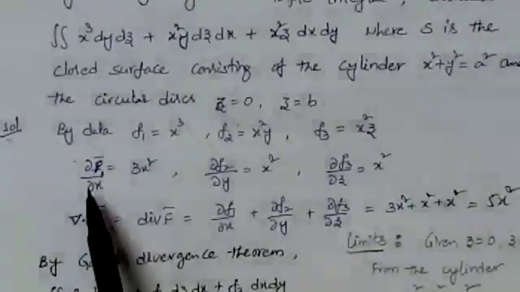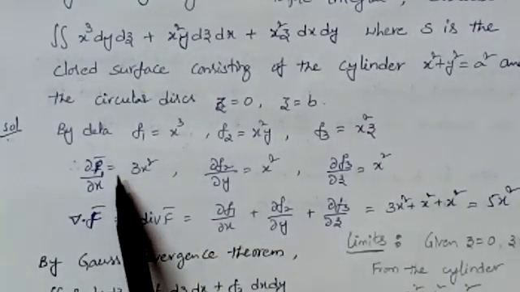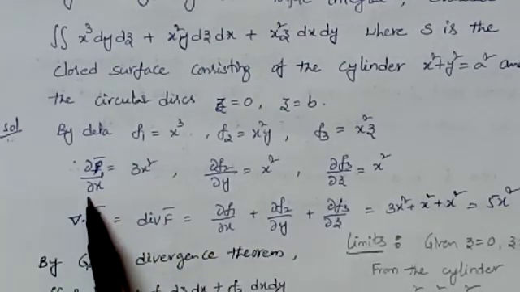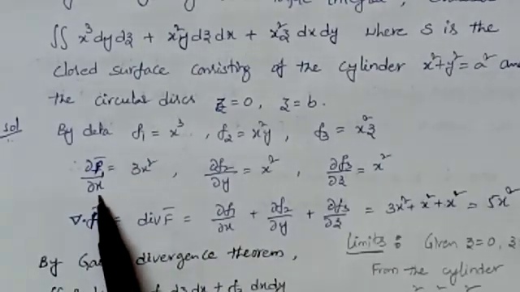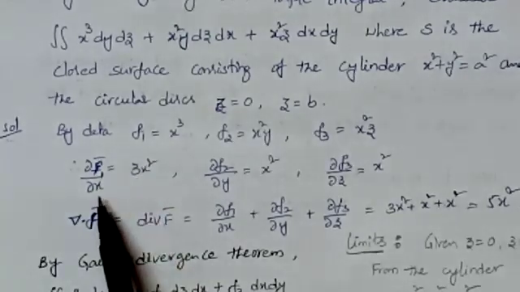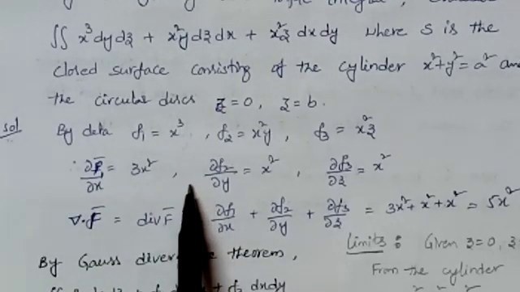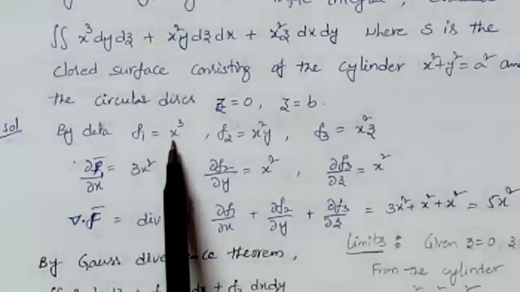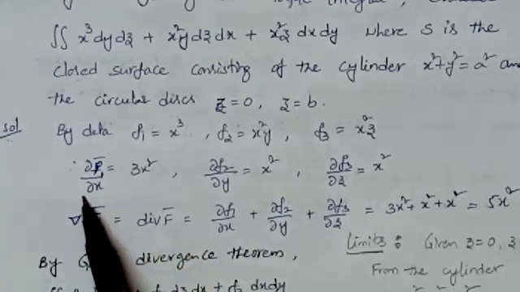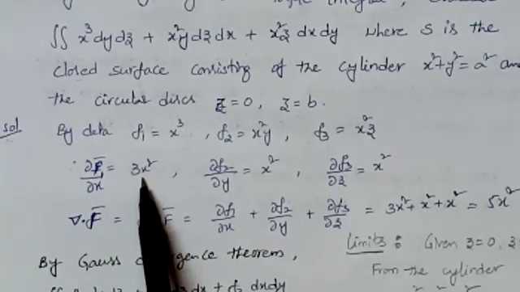In that, dou f1 by dou x is equal to 3x square. Here for f1 we do partial differentiation with respect to x. Wherever the function is with respect to x, that will be partially differentiated, and the remaining variables are treated as constants. Here only the x term exists, so we differentiate with respect to x. The derivative of x cube is 3x square.